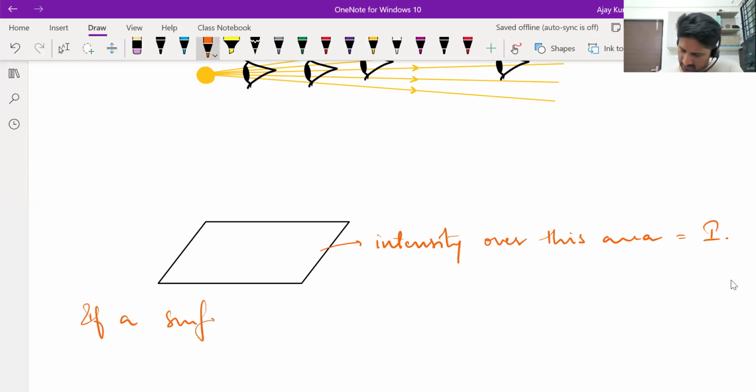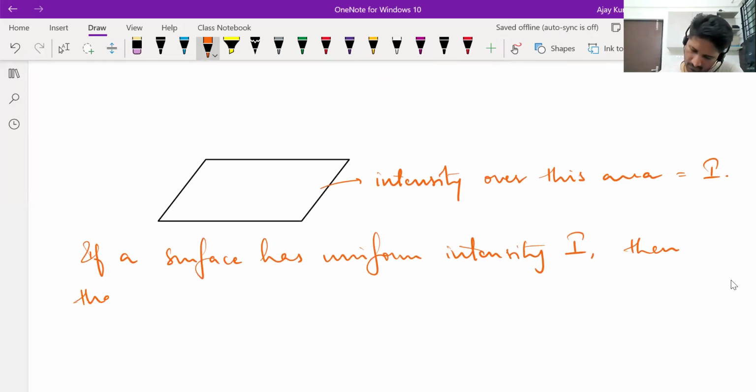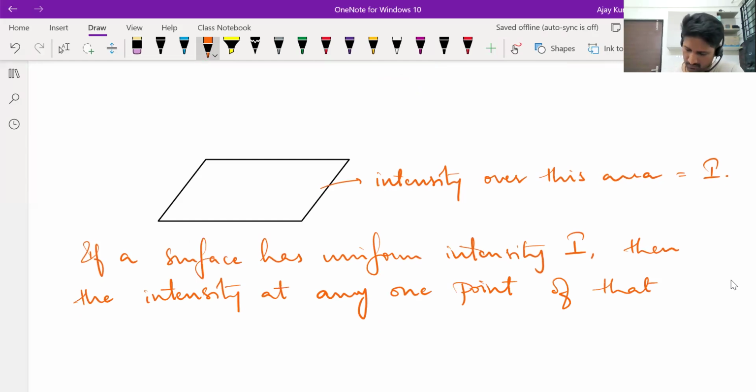If a surface has uniform intensity I, then the intensity at any one point of that surface is also I itself.